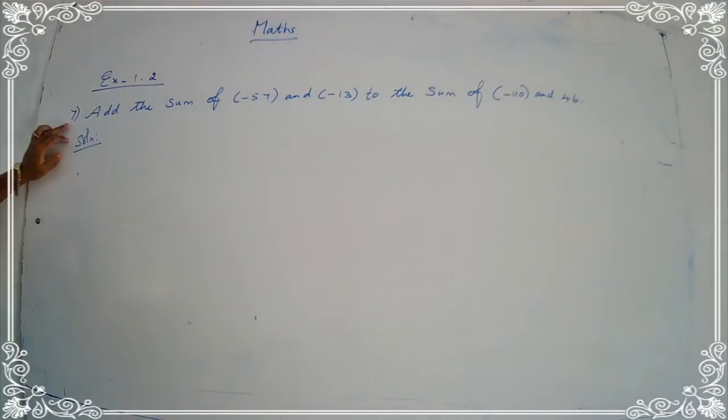In exercise 1.2, the seventh question: add the sum of minus 57 and minus 13 to the sum of minus 110 and 46.